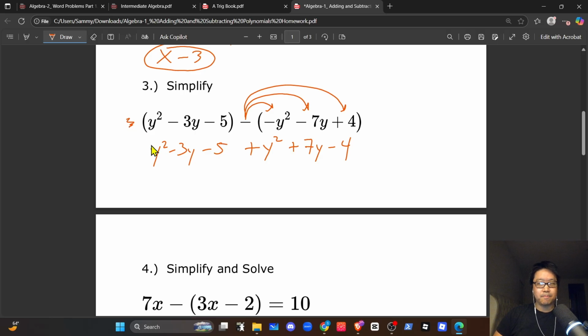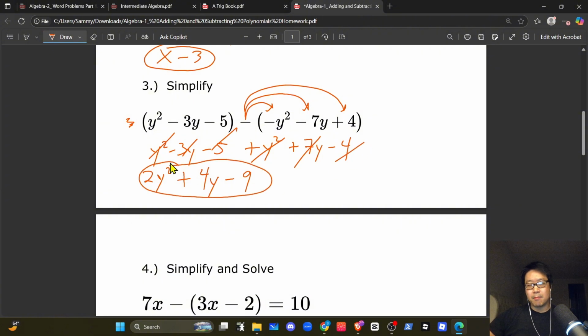And then just combine like terms. So y squared and y squared gives us 2y squared. We have negative 3y and positive 7y. That's going to give us positive 4y. And then negative 5 and negative 4 is going to be negative 9. So our answer is going to be 2y squared plus 4y minus 9.